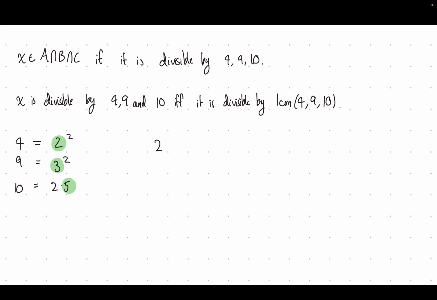Note that 2 is here as well, but the highest powers are 2 squared, and implicitly 1. So we have 2 squared, we have 3 squared, and we have 5 to the 1. Thus, LCM of 4, 9, 10 is just the product of these 3 numbers, 4 times 9 times 5, which is equal to 180.